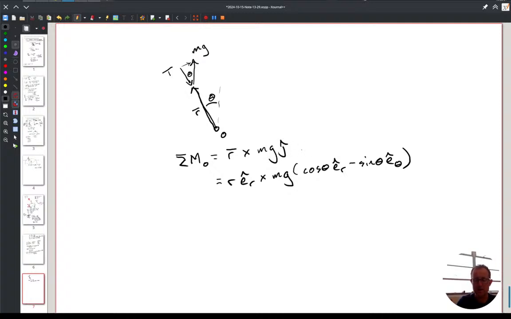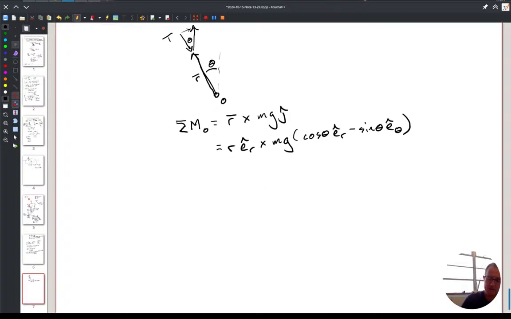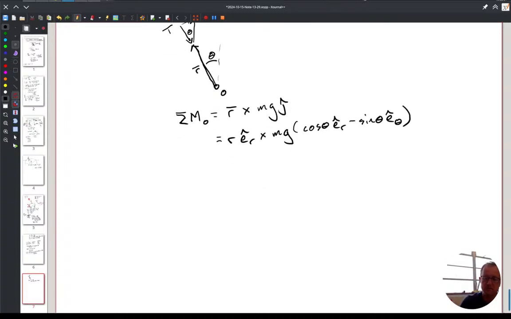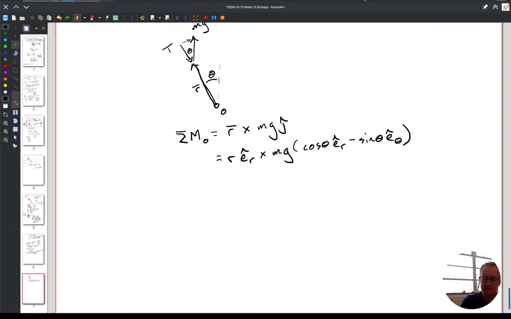I could define j in terms of that ER and E theta, or find the two components, but somehow if I'm taking a cross product, it helps to put them all into one coordinate system. Otherwise, cross products get a little tricky if you're trying to do cross product of things that are not orthogonal.